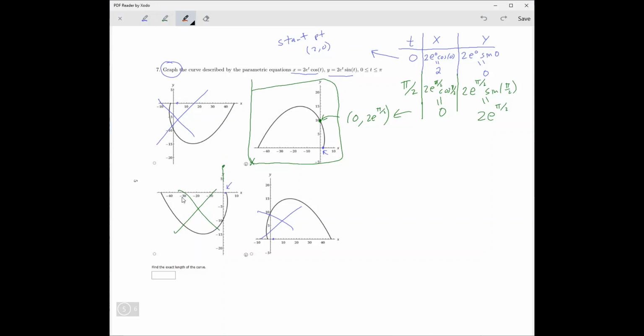Now the second part says find the exact length of the curve. And we're going to use the formula for arc length, which you're integrating from 0 to pi, first of all. And then the square root of the derivative of this squared first.